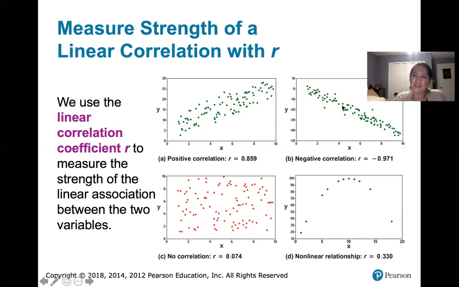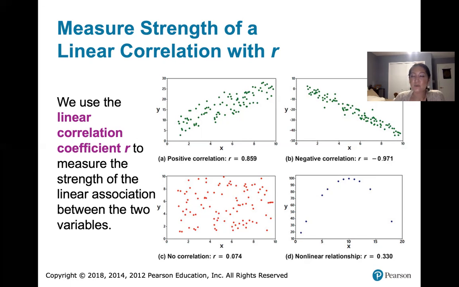Notice how these points are closer to their center line or best fit line than these points are. Notice that the absolute value of this r is very close to 1, and the absolute value of this r is close to 1, but it's less close to 1 than this one is. That's no mistake.